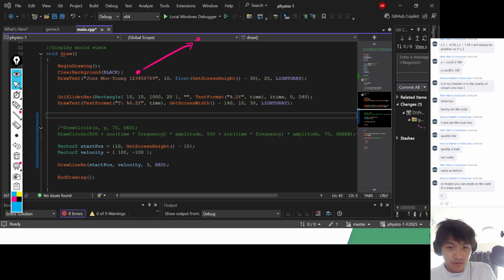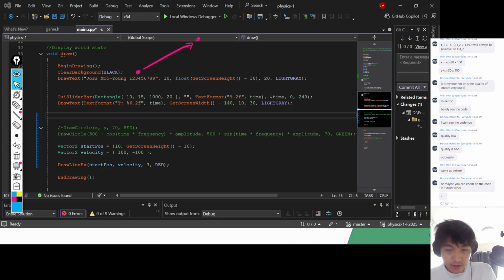Settings, video. Yeah, enable HD. Video statistics.